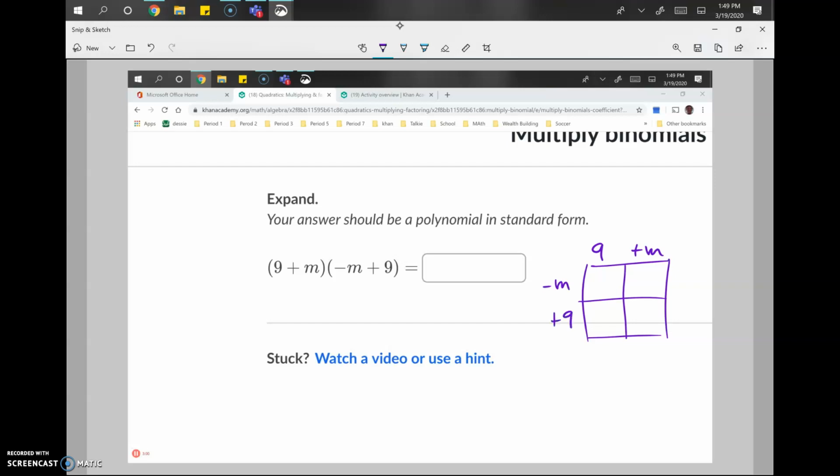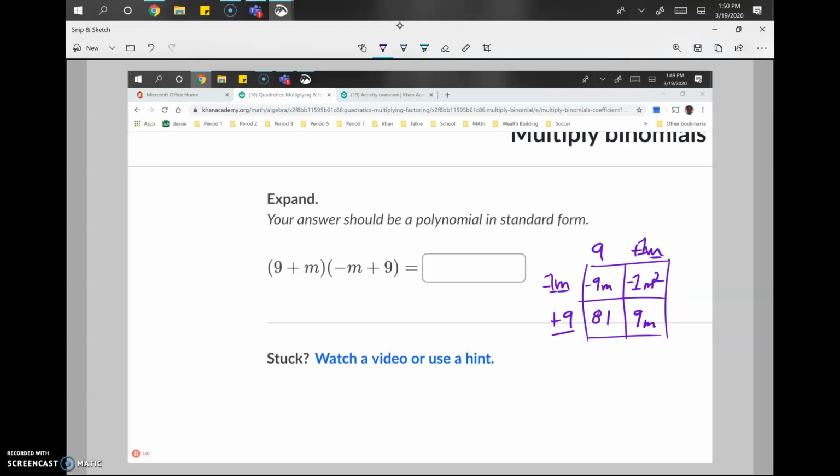First box, let's make this a negative 1 so we're not confused. Negative 1 times 9, negative 9 times m, negative 9m. Top right, negative 1 times positive 1, negative 1. And we've got m times m gives us m squared. Bottom left box, 9 times 9 is 81. Bottom right box, 9 times 1 is 9 times m is 9m.